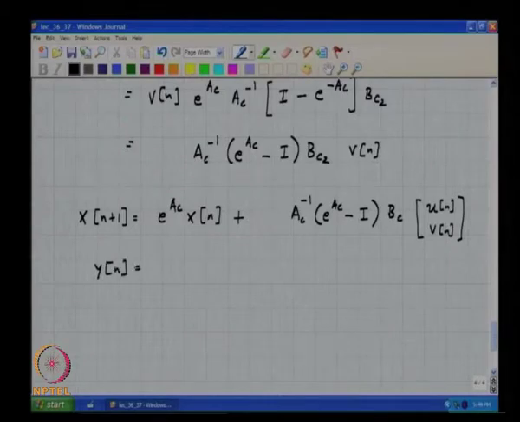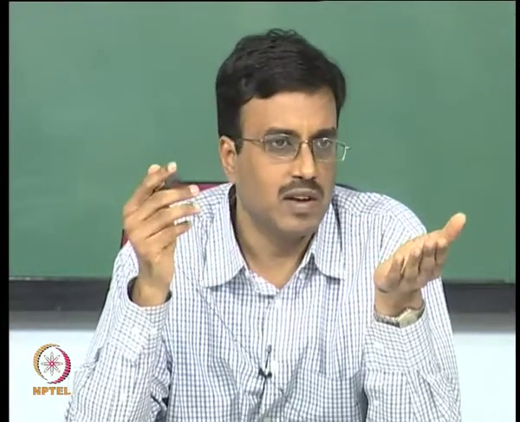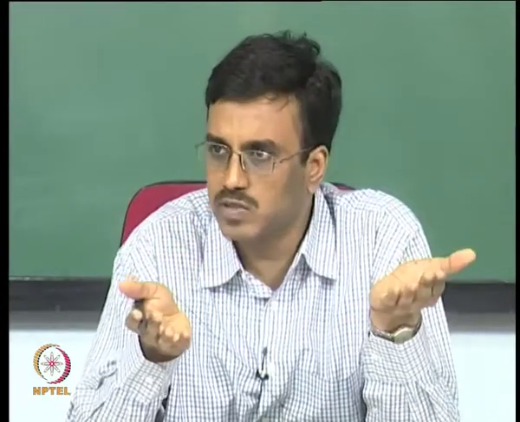And thankfully, y of t is nothing but a linear combination of the states plus a linear combination of the inputs, which means that we must also follow that the samples of y must simply be the same linear combination of the samples of the states plus samples of the inputs.